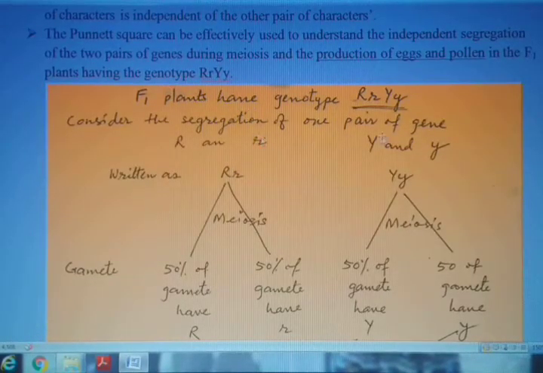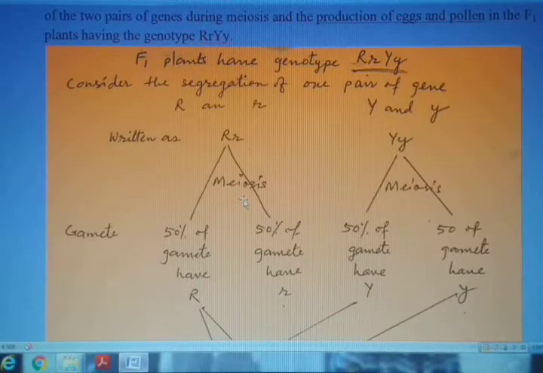In this, let us take one pair of the gene here first of all. Means consider the segregation of one pair of genes here. Let us take capital R and small r first out of this. Here, which can be written as capital R and small r, they get segregated during the gamete formation, that is gametogenesis. And the process that takes place, the cell division that is responsible here is the meiosis, where the chromosome number is reduced to half.